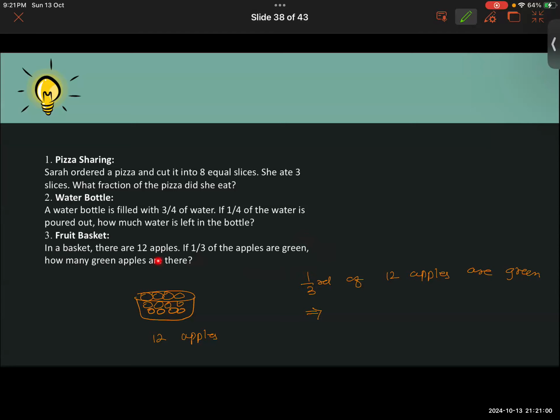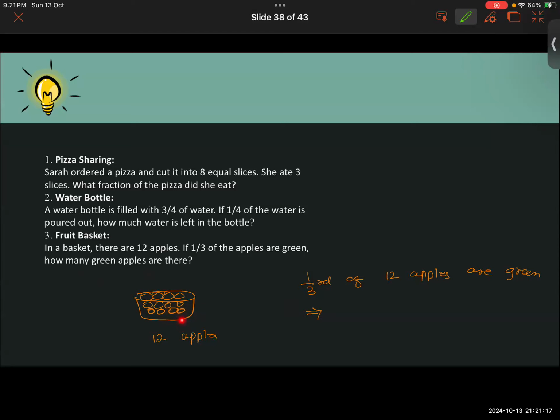Now continuing further here, question number 3. In a basket, there are 12 apples, and 1/3 of the apples are green in color. So how many green apples are there in this? So you have to find 1/3 of the 12 now.